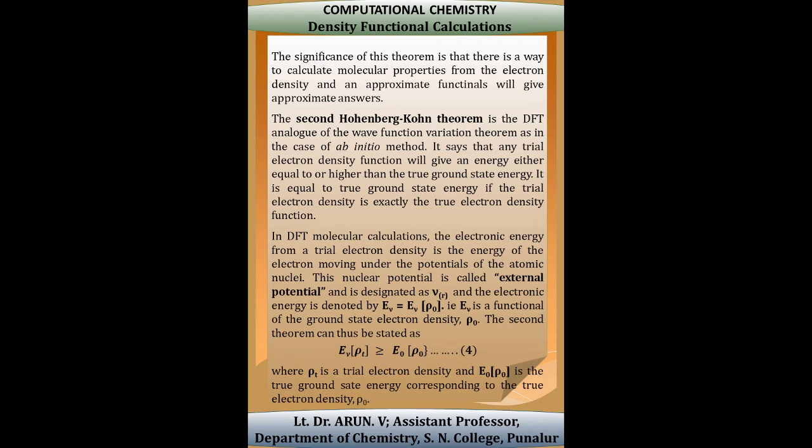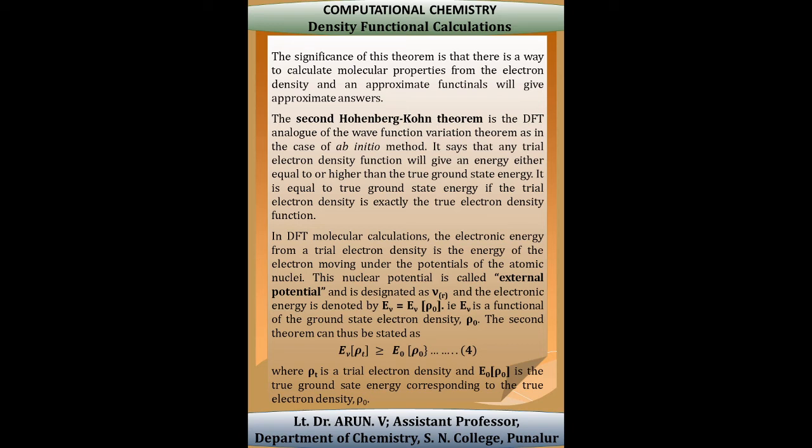The electronic energy is denoted by E nu. That is, E nu is equal to E nu of rho 0. That is, it is a functional of the ground state electron density rho 0.